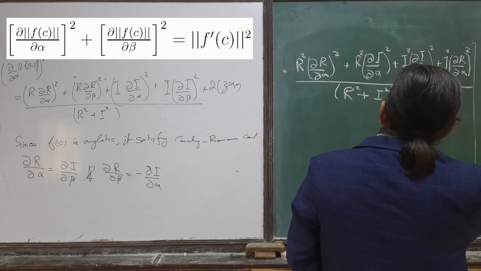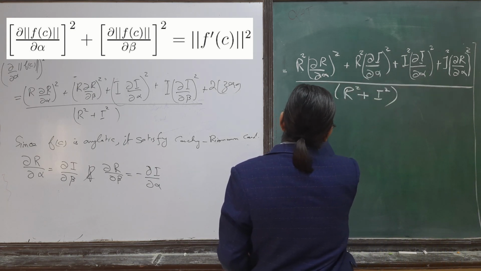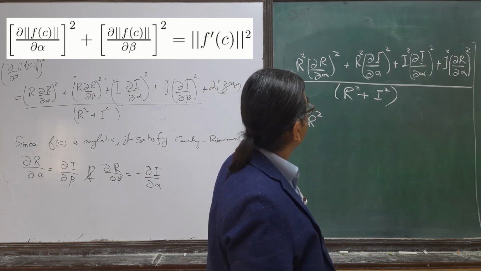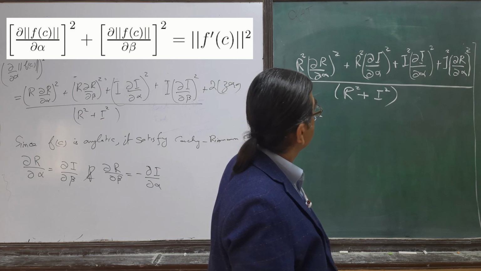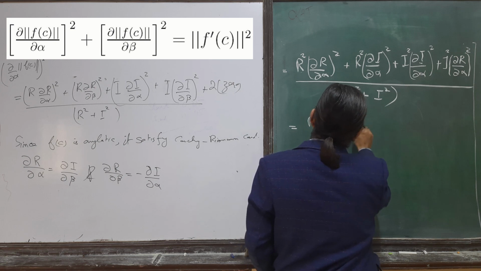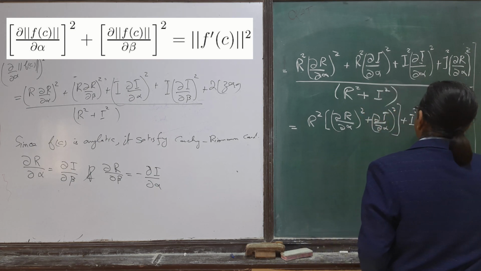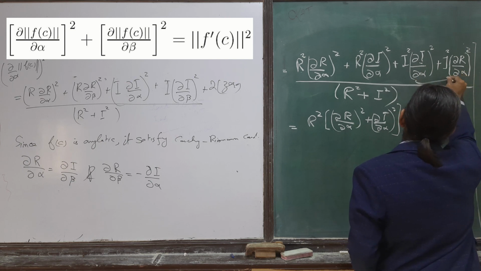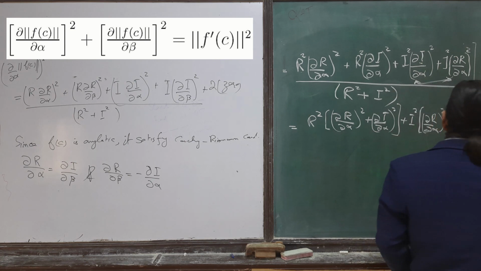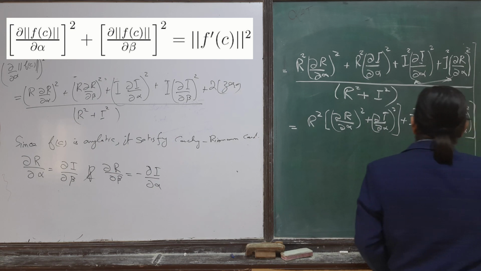Okay. We take R square as common, and I square in R square partial R over partial alpha squared plus partial I over partial alpha squared, plus, if I take I common, partial R over partial alpha and partial I over partial alpha squared.